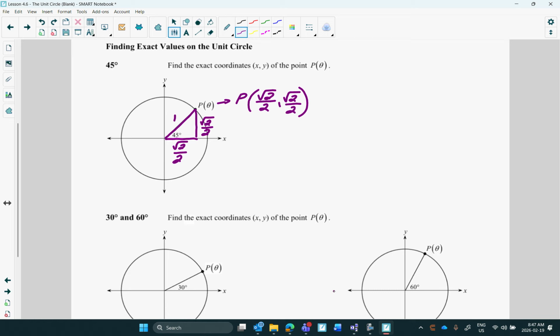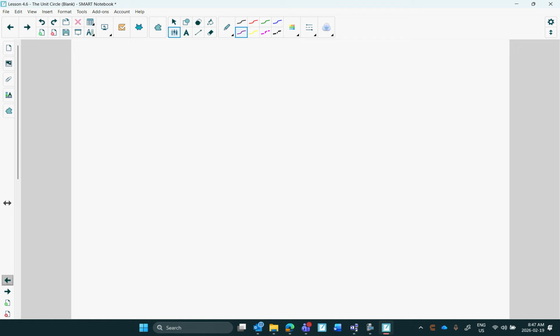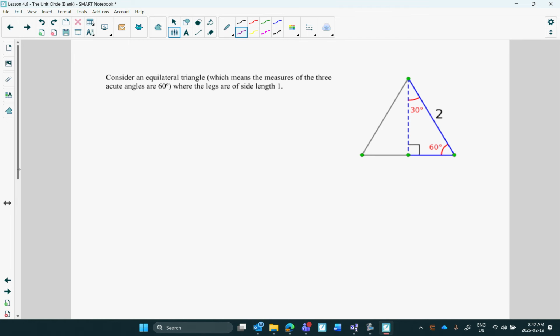Now, let's do the other two common angles that we're going to work with. 30 degrees and 60 degrees. How do we do that? Well, we are going to take an equilateral triangle.